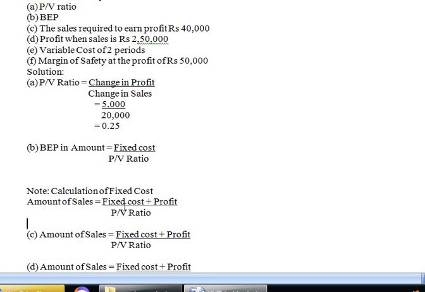Now we need to find out fixed cost. If we want to know how much the fixed cost is, we need to know the other two variables, which are available. So this formula can be applied to find fixed cost. What is the formula? Amount of sales is equal to fixed cost plus profit divided by PV ratio.